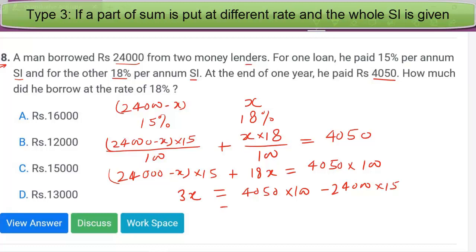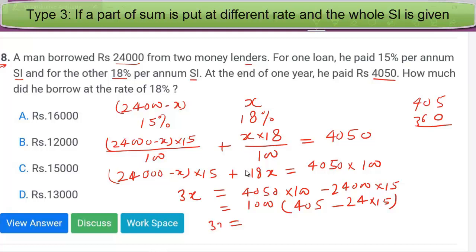That's not very lengthy, but yes, you can take 1000 common. After this you will get 405 on one side, and 24 into 15 on the other. So this will be 405 minus 360, that is going to be 45.